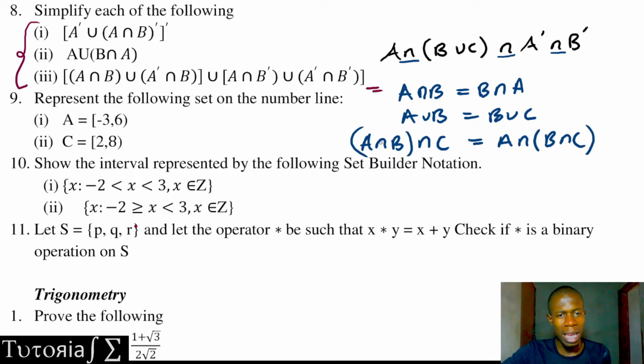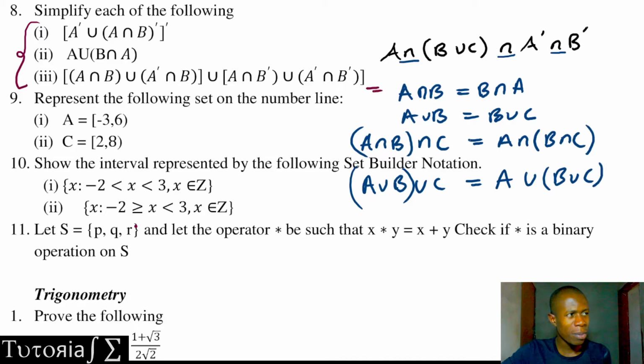We can start with A intersection B, or we can start with B intersection C, then intersection A. The same applies for unions. If we have A union B union C, so these are unions throughout, we can start with A, or we can start with A union B union C. So that is the association law.